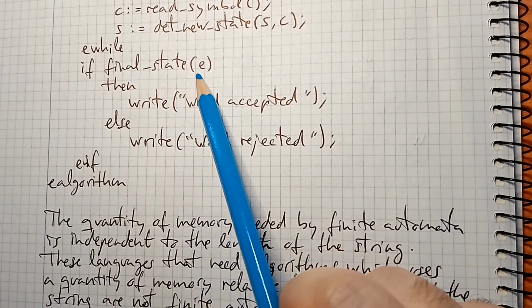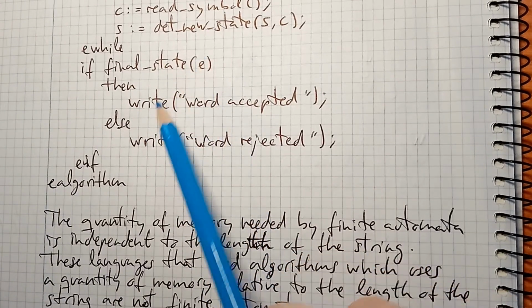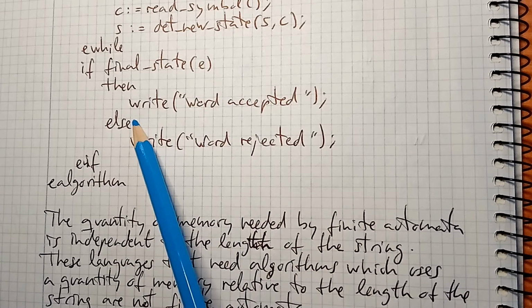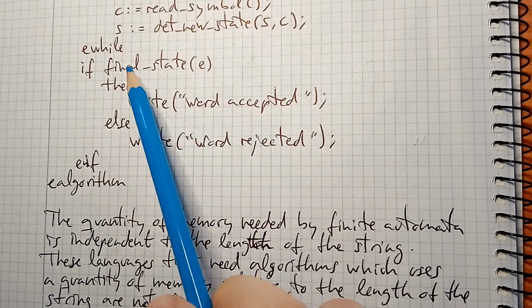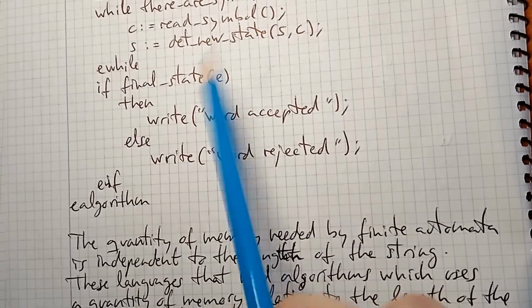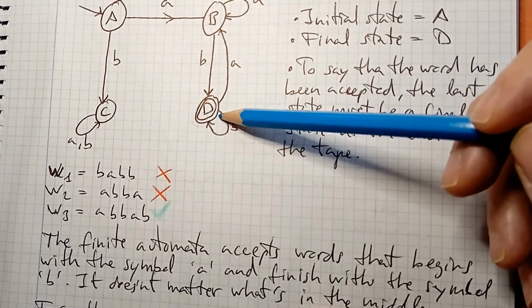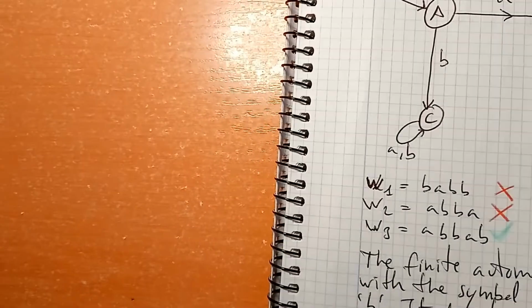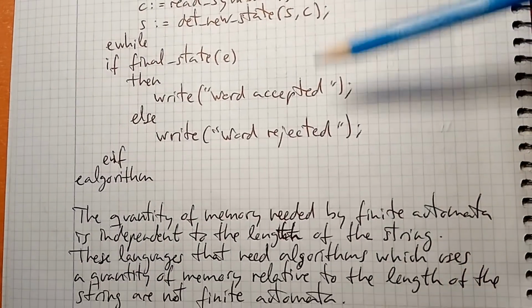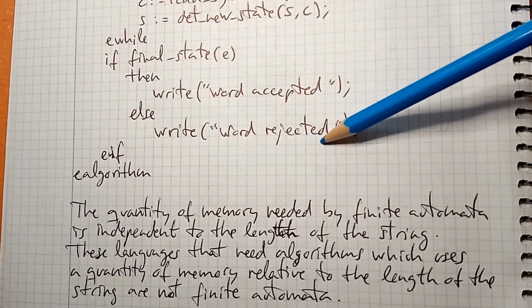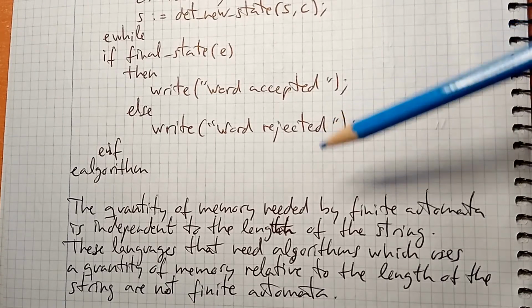If the final state is reached, then write word accept. So if the algorithm has arrived to D, then the word is accepted, else the word is rejected.